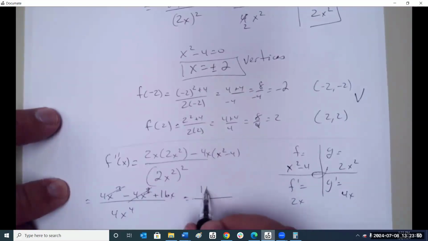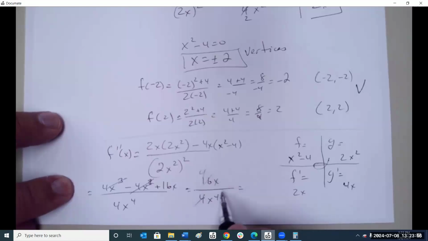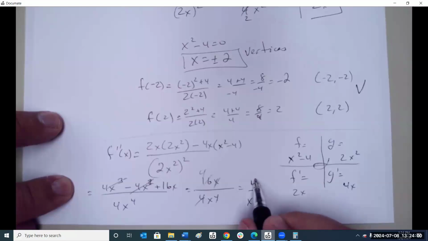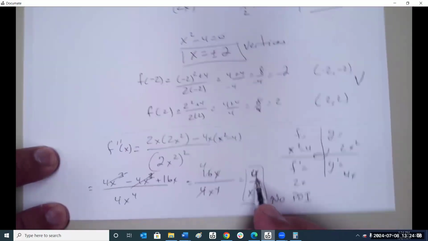So we have 16x over 4x to the 4, which is 4 over x cubed. So no point of inflection because the top cannot equal 0.